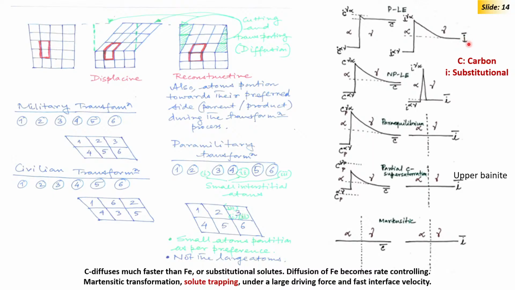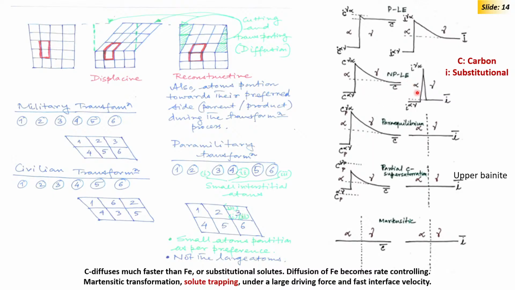The far-away substitutional element is written as I, carbon is written as C. Much away from the interface, the average composition would prevail. So, this is full partitioning, near equilibrium, with both carbon partitioning as well as substitutional alloying element partitioning.